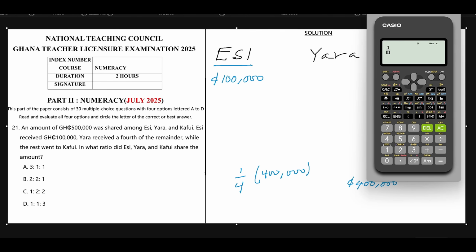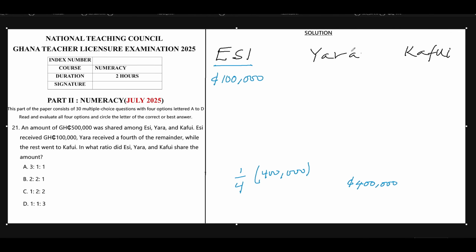So what is 1/4 of 400,000? 1 out of 4 multiplied by 400,000. So that is 100,000. So Yara also received 100,000 cedis, while the rest went to Kafui. So how much will be left with Kafui?